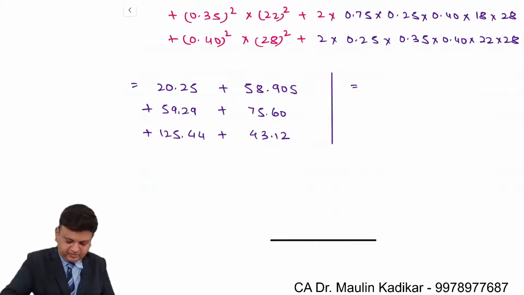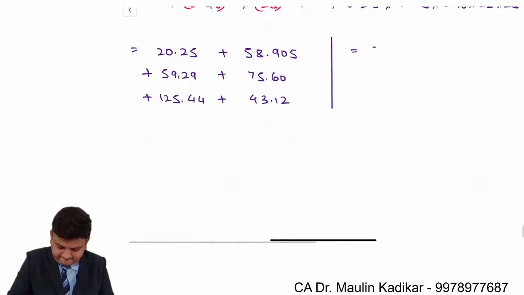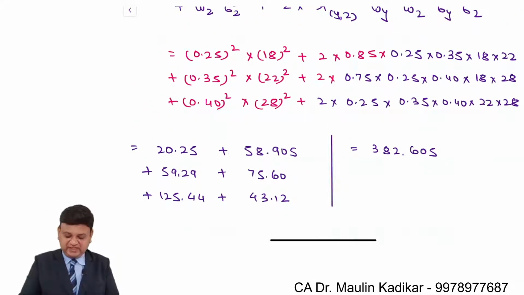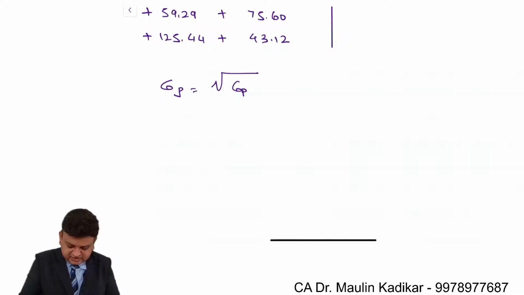So the total of all of them will be 20.25 plus 59.29 plus 125.44 plus 58.905 plus 75.6 plus 43.12, which is 382.605. Based on this, we'll compute the standard deviation. It is calculated as the square root of the variance.